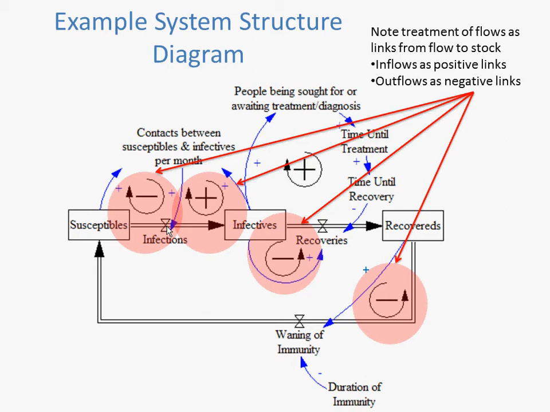So we can spot where the governing loops are. And again, one of the reasons we highlight these loops, whether they be reinforcing, shown here with a plus, or balancing, shown with a minus, is because they govern largely the dynamics here.